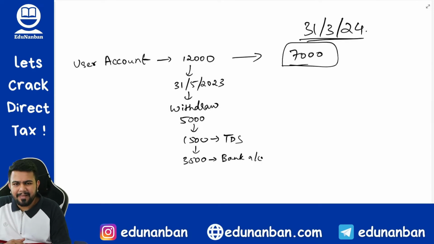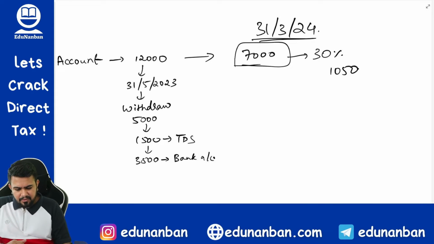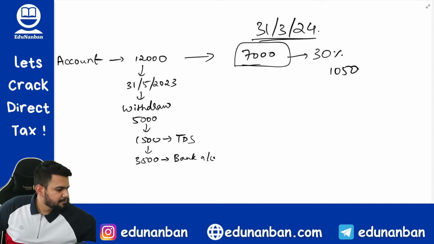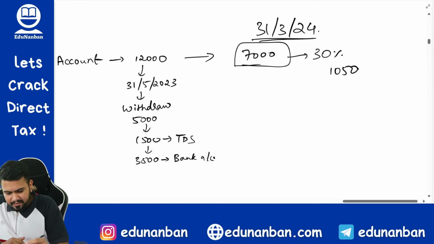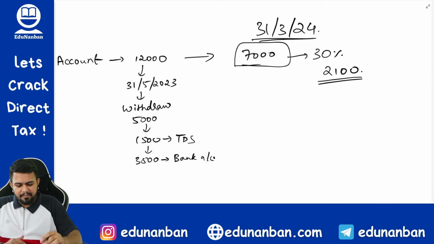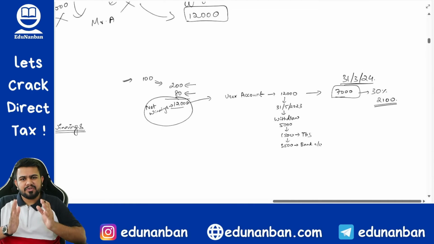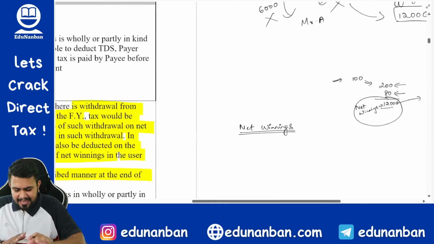So in this 7,000 balance also 30% TDS will be deducted, which is, sorry, 2100. 30%, that is 2100 TDS will be deducted and this 2100 has to be paid to the government. Okay, the dates on which we have to pay to the government are as usual like the other TDS sections. In that there is no change.